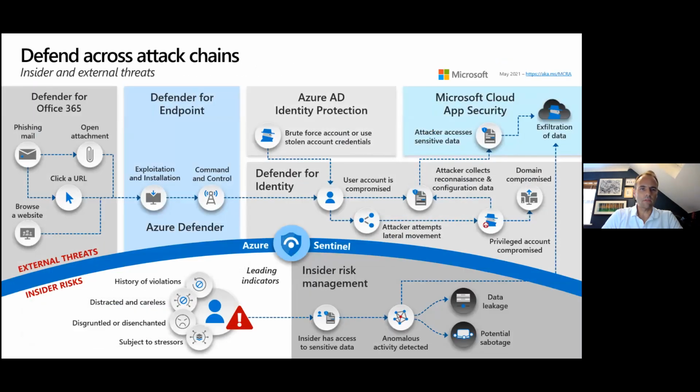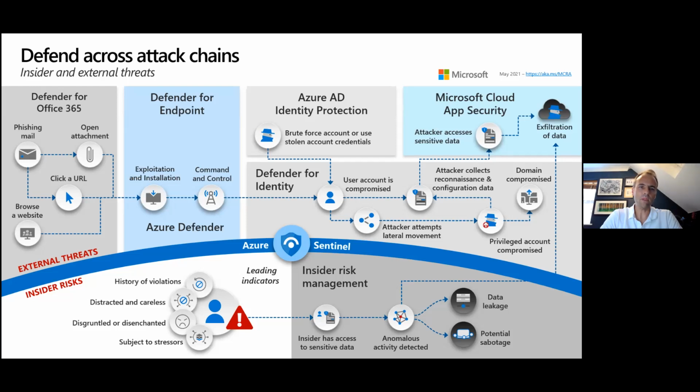And so how does that all look across the attack chain? If you look to the far left, we start with external threats. So Defender for Office 365 looks at email coming in, hopefully prevents users from clicking on URLs, or if they do, blocks them from being able to browse through.